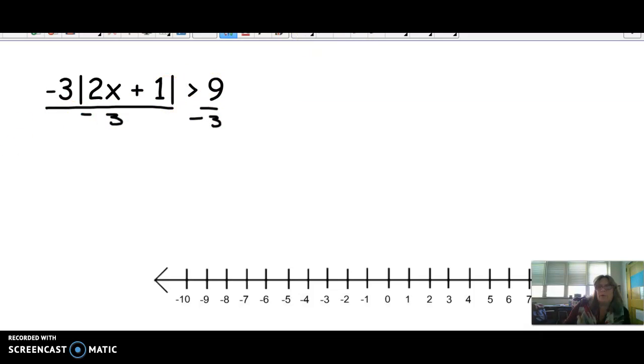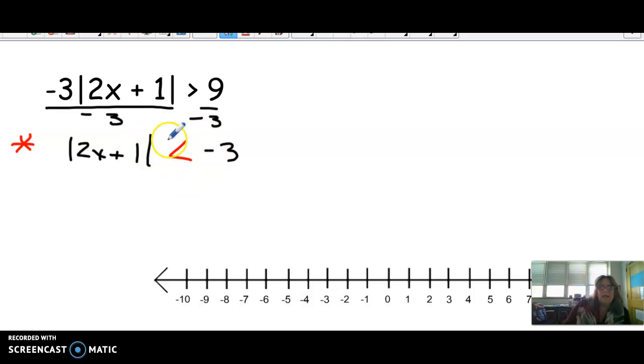Okay, remember, here's our problem child. Got to flip it because we're dividing by a negative. So we have the absolute value of 2x plus 1 is less than negative 3. Well, hopefully you remember at this point that you can't have an absolute value that's less than a negative. But if you don't remember that, we'll continue.